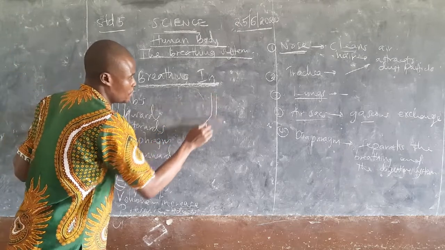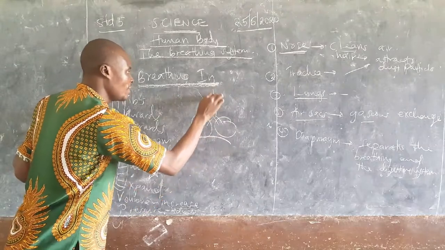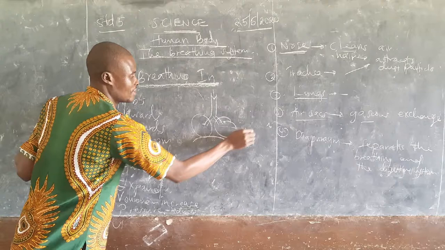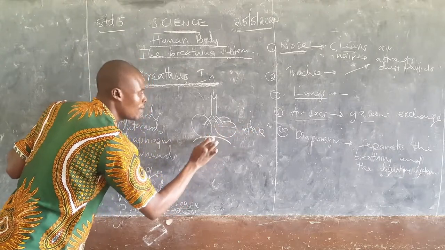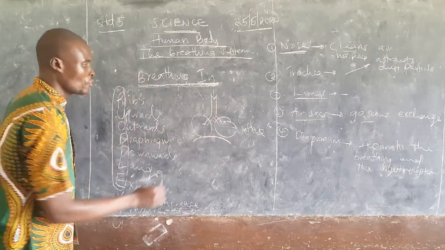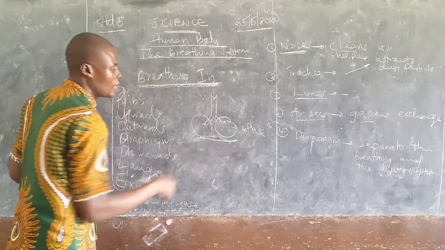I told you how the diaphragm moves downwards. When you breathe in, these particular lungs inflate. And once they inflate, they push the diaphragm, the membrane that separates the breathing system and the digestive system, to move downwards. So you can either say that it flattens or it moves downwards.